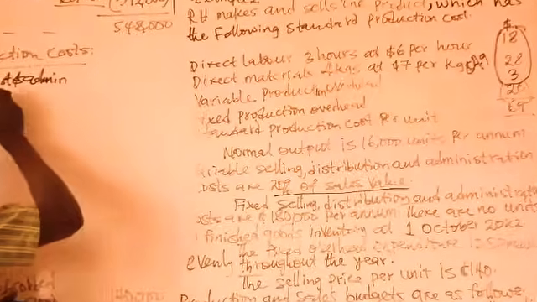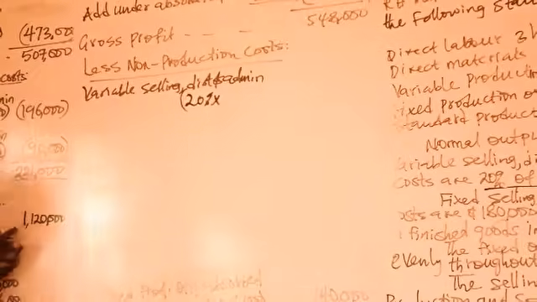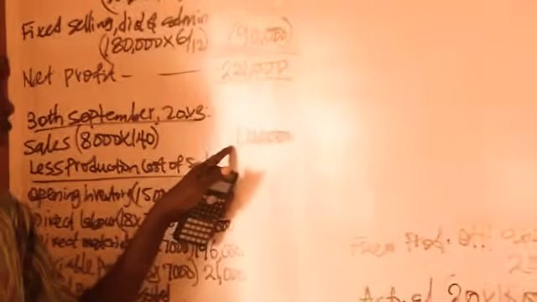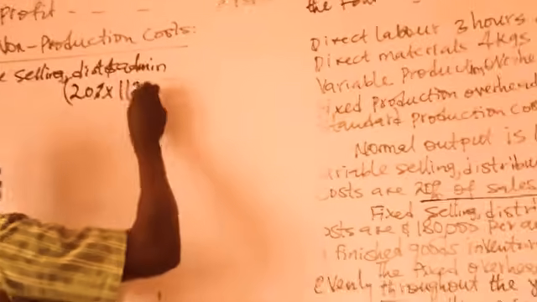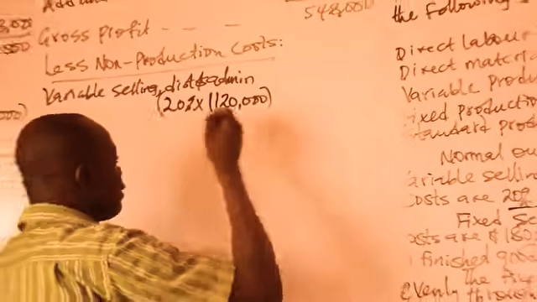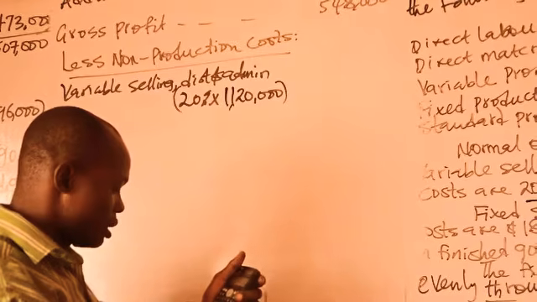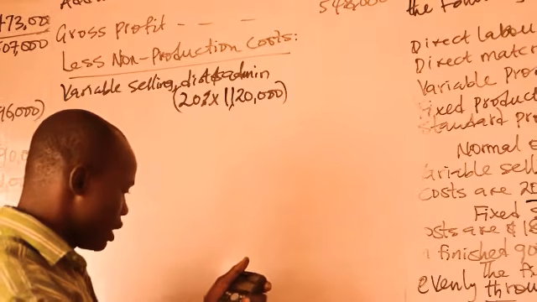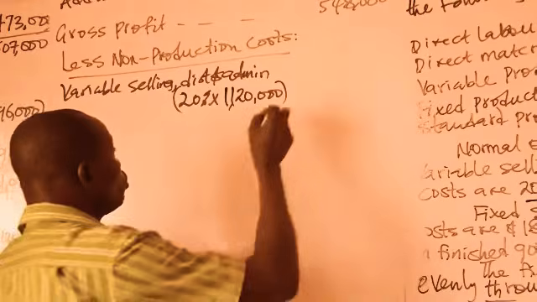Our sales for the second 6 months ending is $1,120,000. 20% of 1,120,000 will give us 224,000.